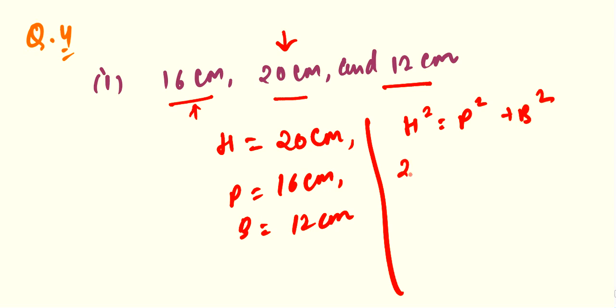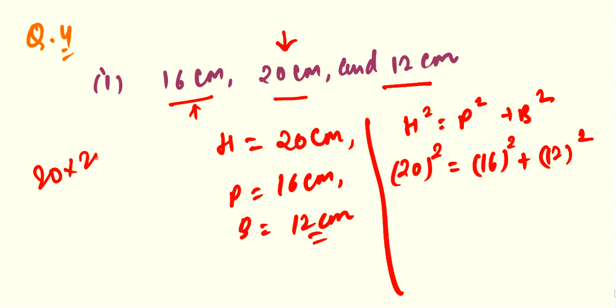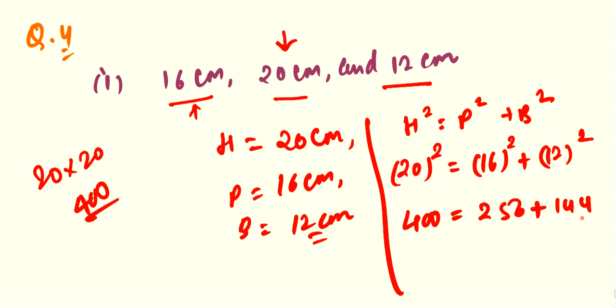H is 20, so 20 square equals to p square, so value of perpendicular is 16, so 16 square. Base is 12, so 12 square. So 20 square means 20 into 20, you will get 400. So write 400 equals to 16 into 16, so 256, plus 12 into 12, 144. So this 400 equals to 400.